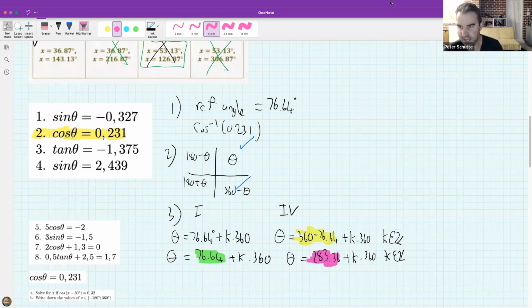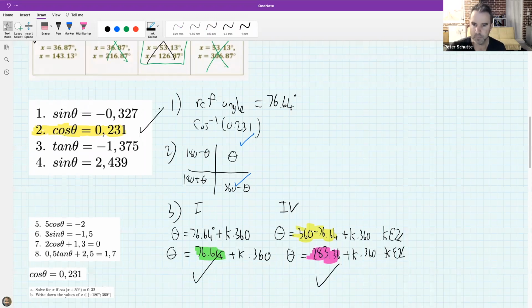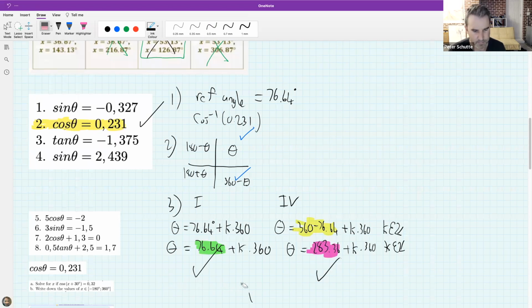All I wanted to do today was give you this three-step process. So give me a thumbs up if you feel like both these things are an answer to this thing over here. Okay. And now there was a question asked, could the answer also just be theta is plus minus 76.64? Yes, it could. And I'll talk to you in the next lesson about why that is.